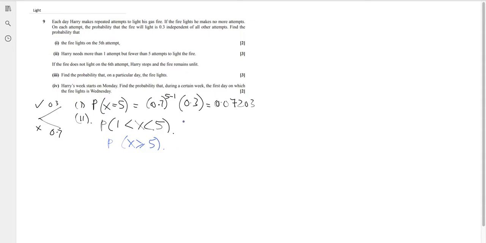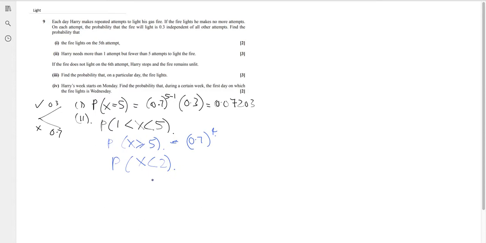So this can be found by complement, which is 0.7 to the power of 4. His attempts failed, so 0.7 to the power of 4. And since he needs more than 1 attempt, more than 1 is at least 2, so I can write X is less than 2.